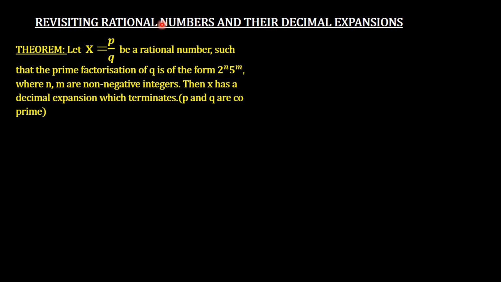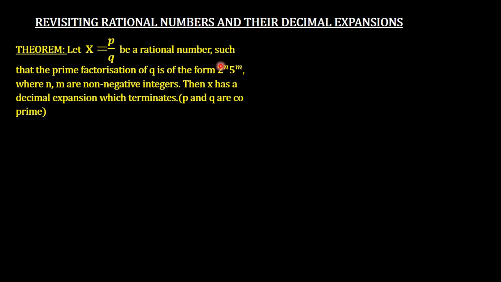In the previous theorem we studied that if x has a decimal expansion which terminates, then we can represent x in the form of p by q, where p and q are co-primes and the prime factorization of q has only factors 2 raised to n into 5 raised to n.